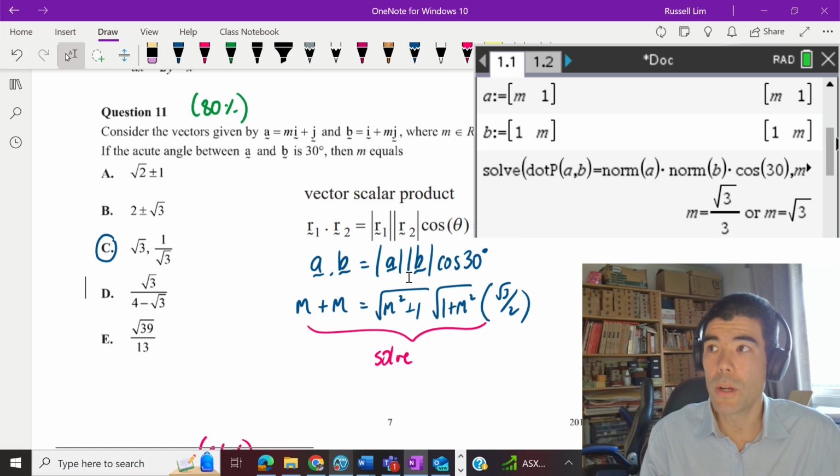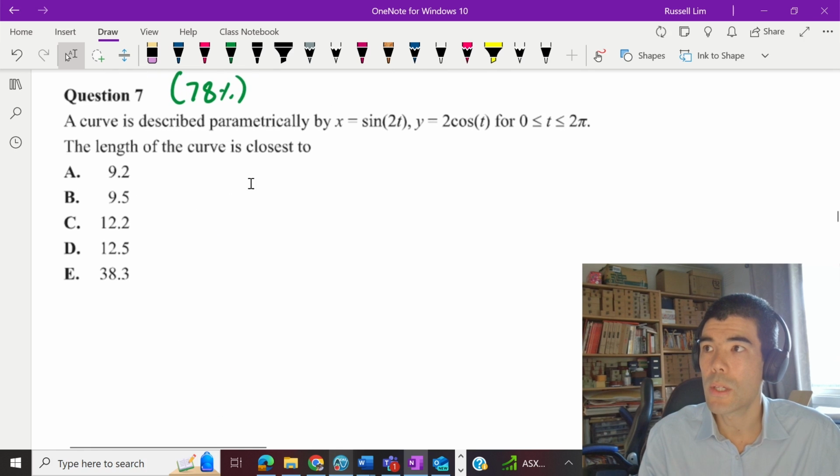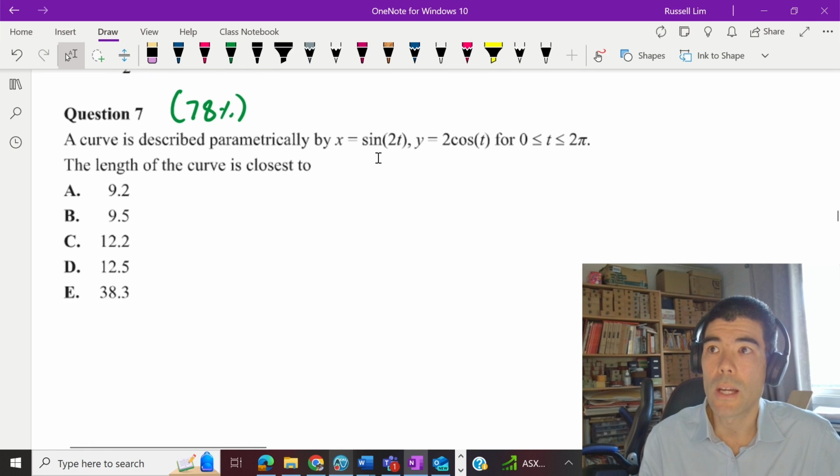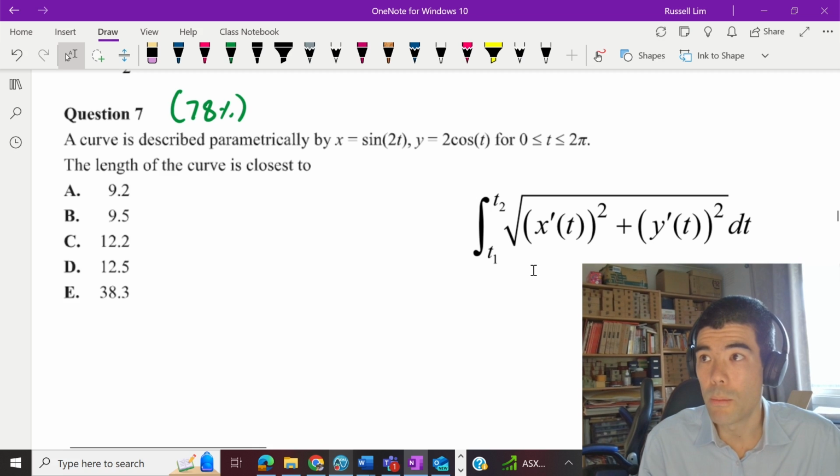All right, the next question we're going to look at is question 7. A curve is described parametrically by x equals sine 2t, y equals 2 cos t, and we need the length of the curve. So length of a curve is on the formula sheet for the parametric form. So students were able to recognize that and apply the formula.